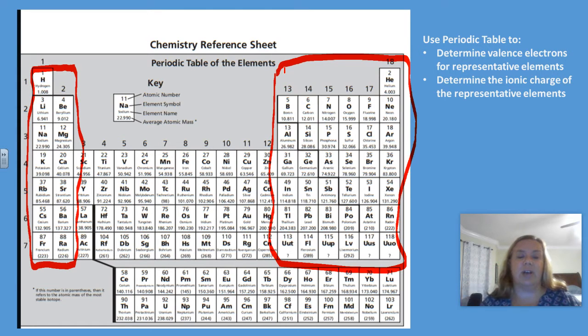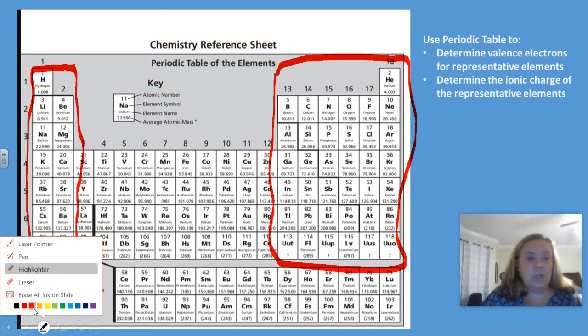With our representative elements, we are able to determine a lot just using the periodic table, which we can't always do with these transition metals here in the middle or the inner transition metals. We can, however, predict many things just using the position of the representative elements on the periodic table.